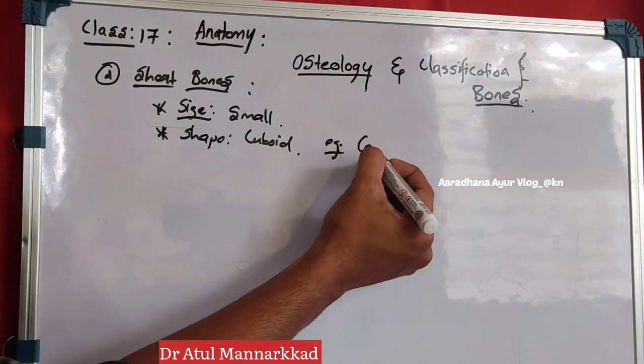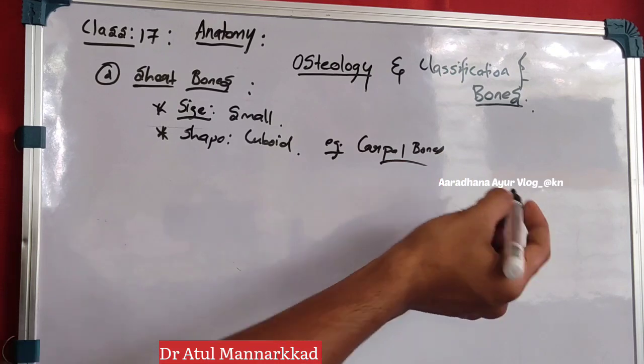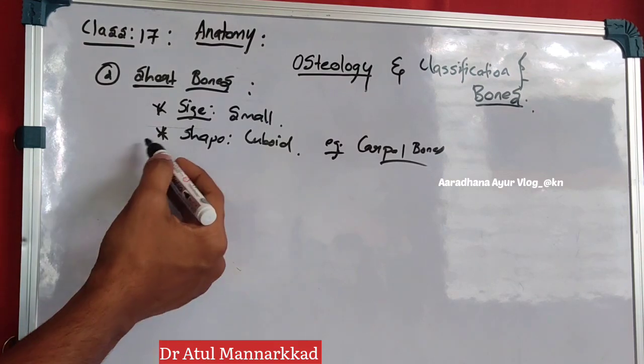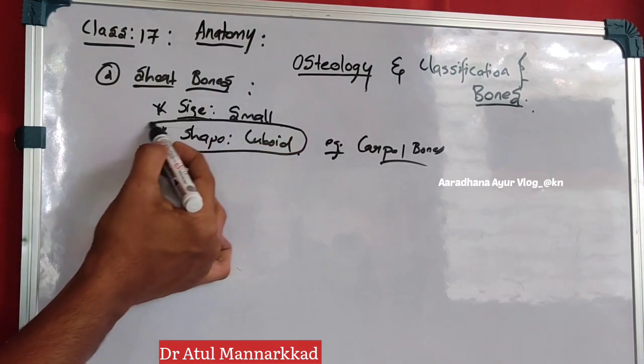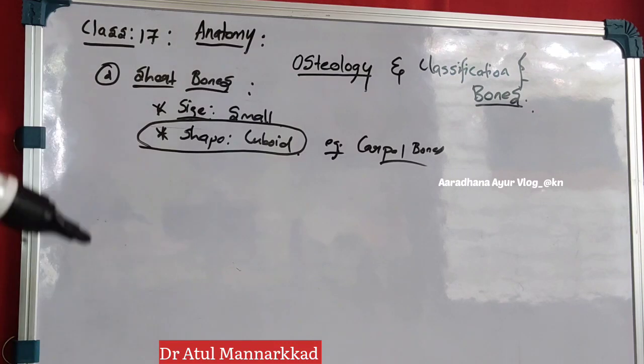Example: the carpal bones present in the wrist area. That is very important. One example every time you have to remember, so that you can quote that example along with the explanation. So the example is carpal bones.